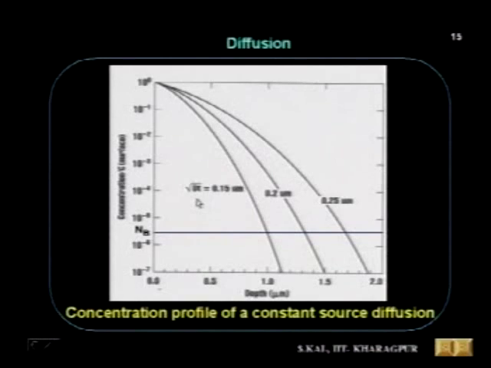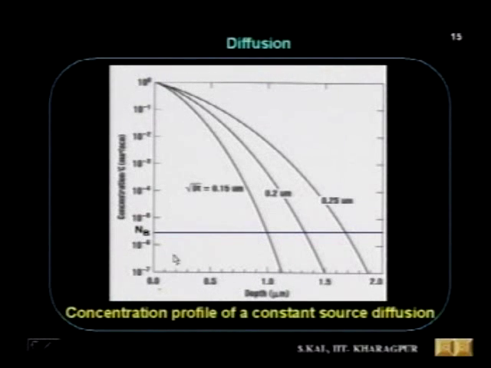Here you see whatever Dt value you set, the surface concentration is constant, and the y axis is the concentration ratio, C by Cs, where Cs is the surface concentration. Here it is 1, 10 to the power 0 is 1. So 1 means the concentration is equal to surface concentration.